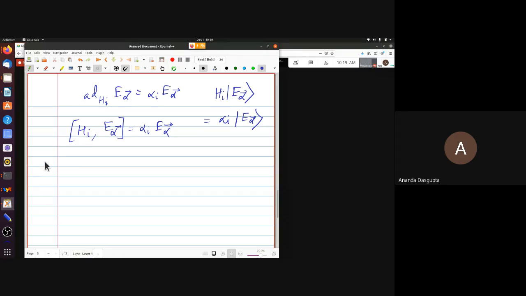Okay. The immediate consequences of this equation. If you take the adjoint of this, what happens? Hi is Hermitian, E alpha vector's adjoint. What is this going to be?